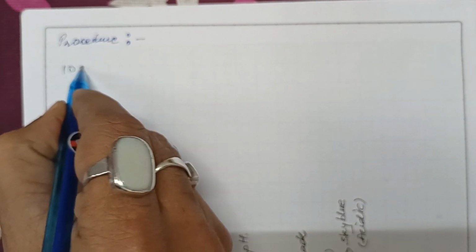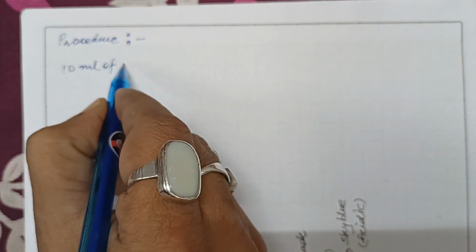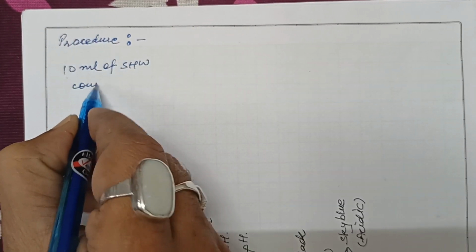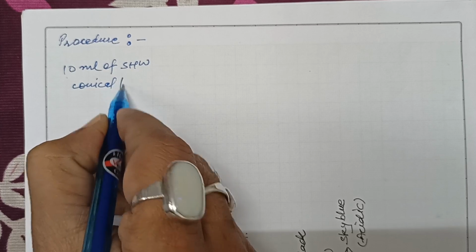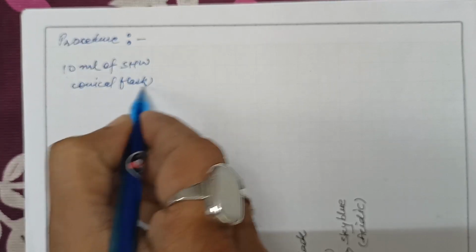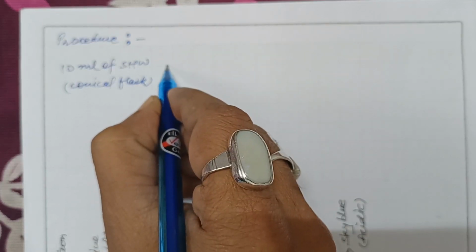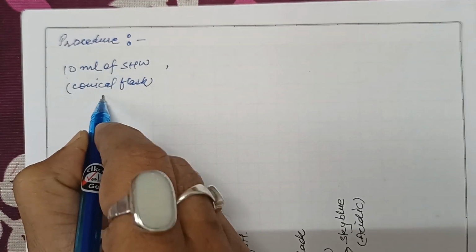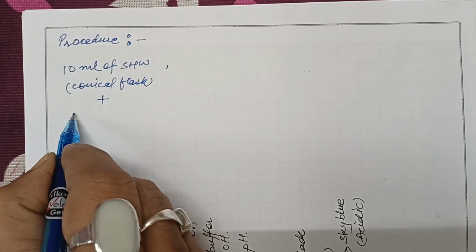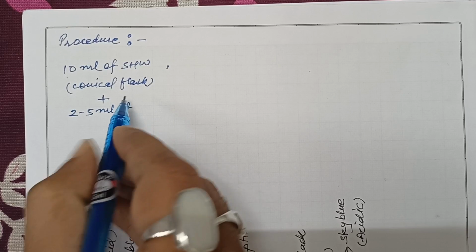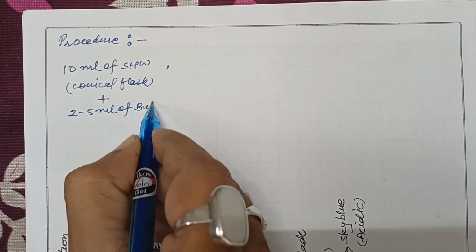So the procedure is, we take 10 ml of standard hard water in a conical flask. Then we also add here 2 to 5 ml of buffer solution.